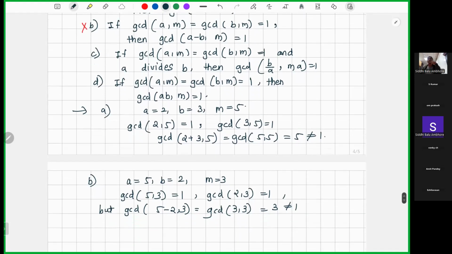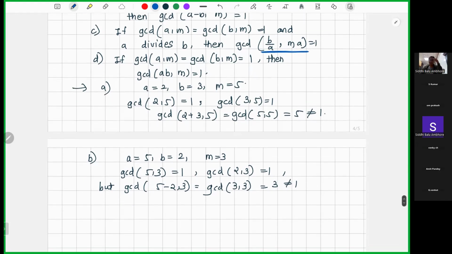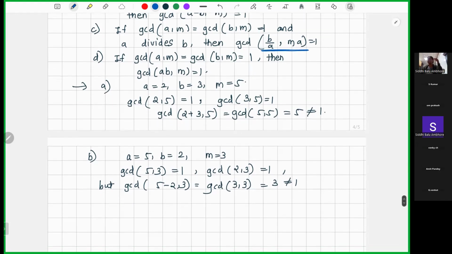Third one, any guesses here? We have again GCD of A comma M and GCD of B comma M equal to 1, and A divides B. Since A divides B, B by A is an integer. They are saying that in this case the GCD of B by A with M is 1. Can we find a counterexample, or is this true?